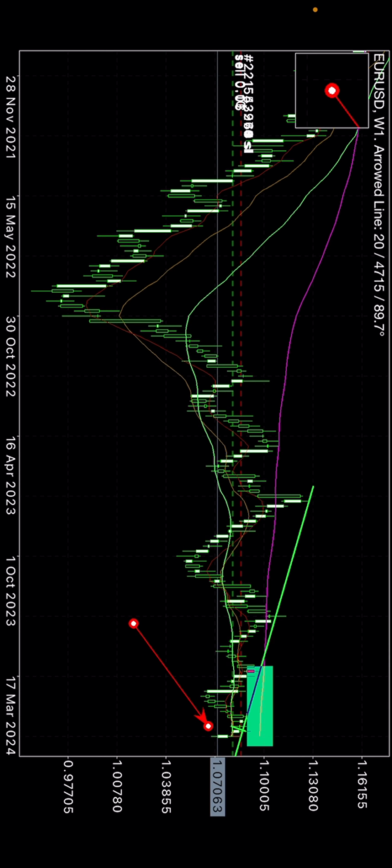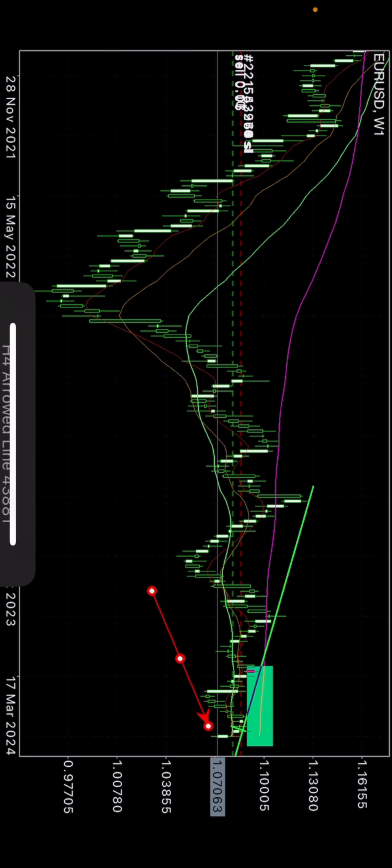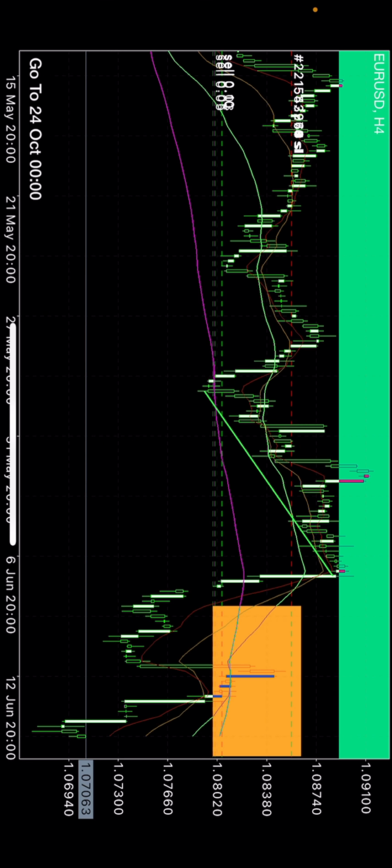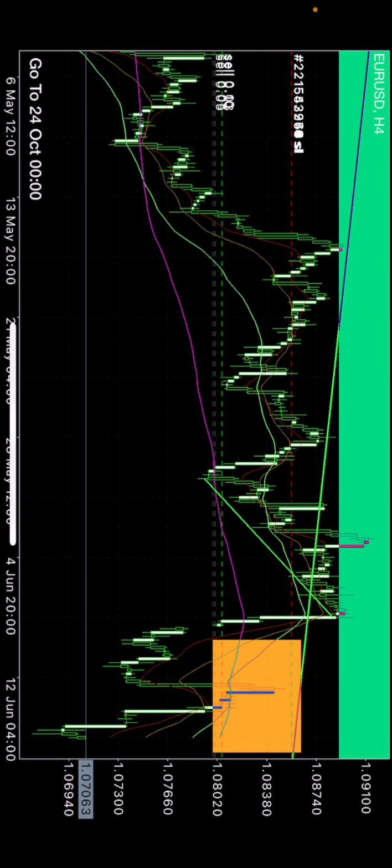So I know you're wondering, but what are the EMAs for? Well, when we enter on the lower time frames, we wait for the impulse move, as I said, and then the impulse move needs to break all EMAs and then retest before we enter, right?